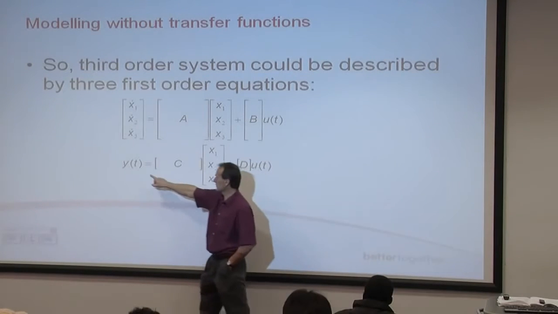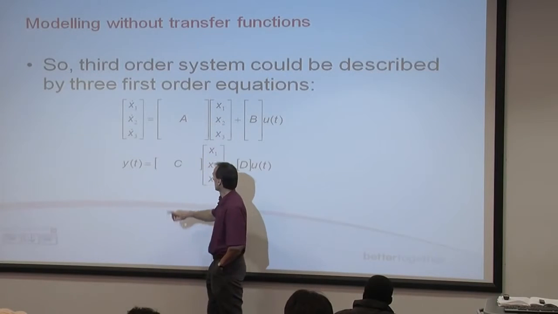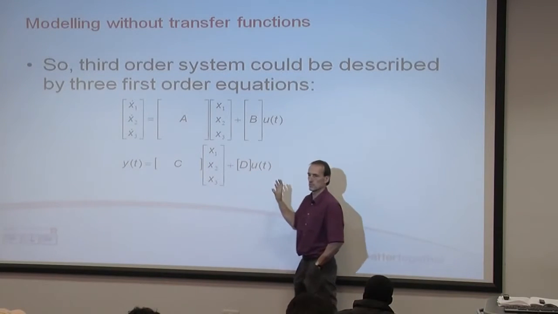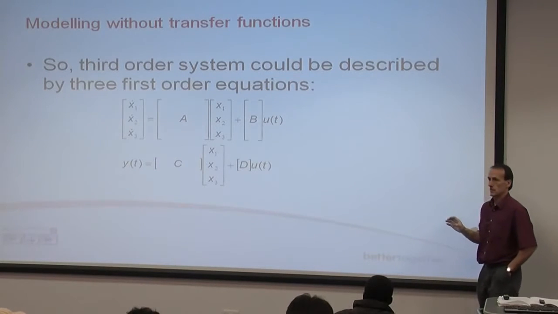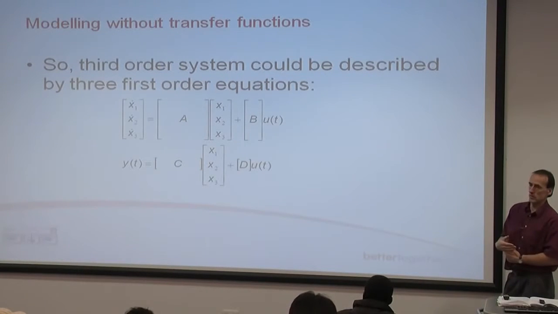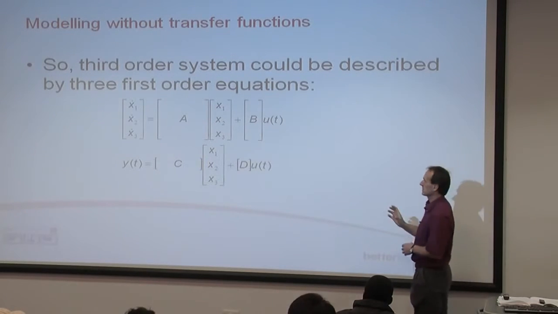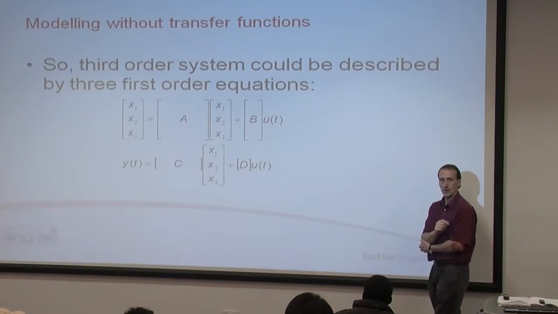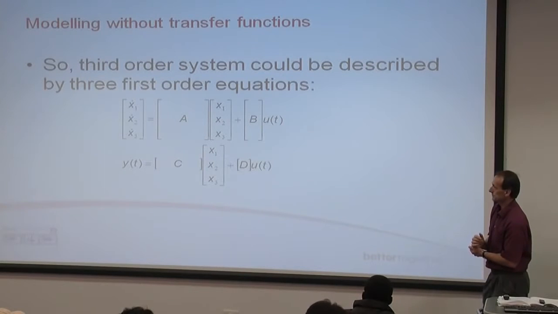Similarly, if we turn this into a matrix, y1, y2, y3, we can express more than one output at the same time. So by building these first order equations and putting them into this particular form, we can relate multiple inputs to multiple outputs, which is something we can't do at present.